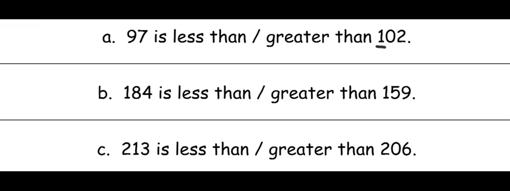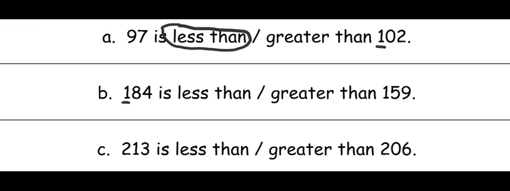So that makes my second number greater. It doesn't matter how many in the tens place or the ones place. Since the second number has 100, it's going to be greater than any 2-digit number. So we will say that 97 is less than 102.